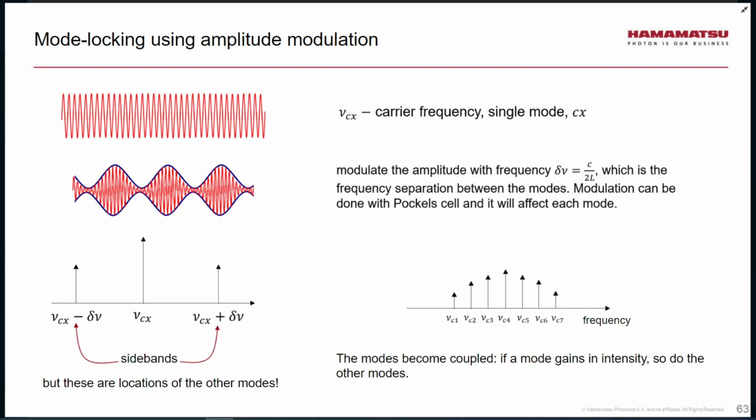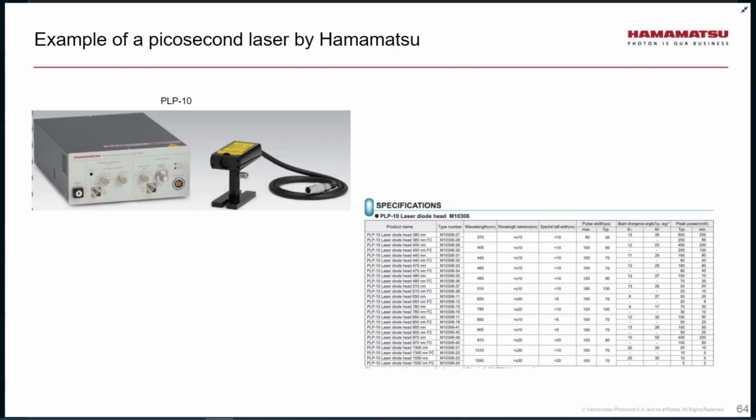We know that it's c over 2L. And so if I'm going to now modulate the Q of this laser with that frequency difference, what happens incredibly is that all the modes are going to be re-energized simultaneously at the same time. And so that's known as mode locking, and therefore I can sustain the power of the pulse.